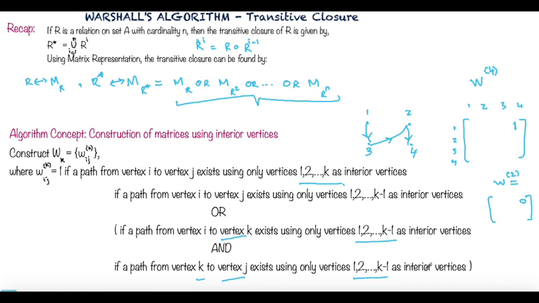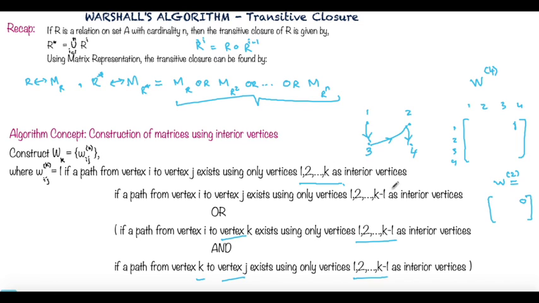Okay, so again, our job is to move from I to J using only K's interior vertices. This is possible if it was already possible to move from I to J using K minus 1 vertices. This is for sure, because if we can move using only K minus 1 vertices, we can definitely move using K vertices, right? K is not included at all.